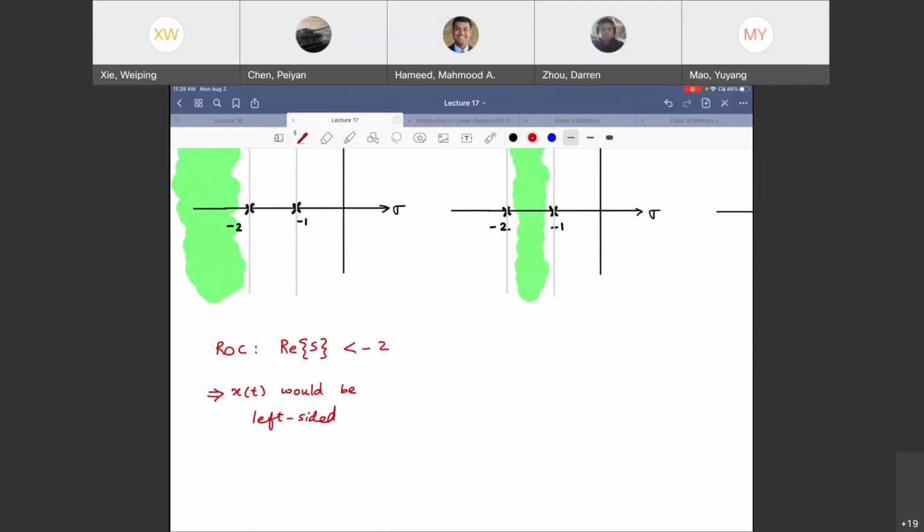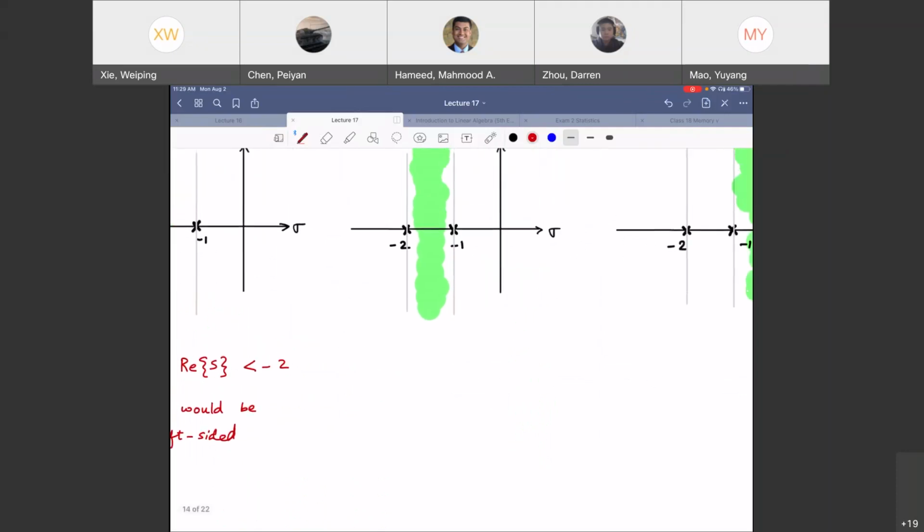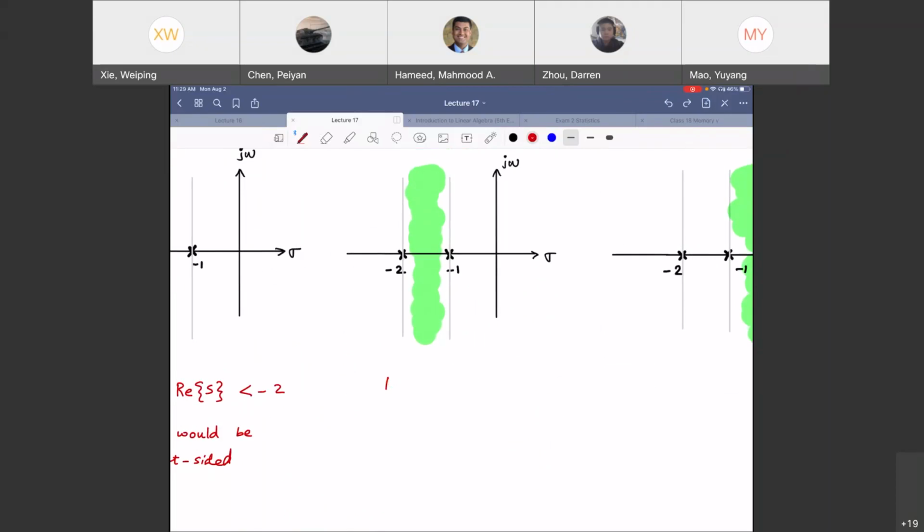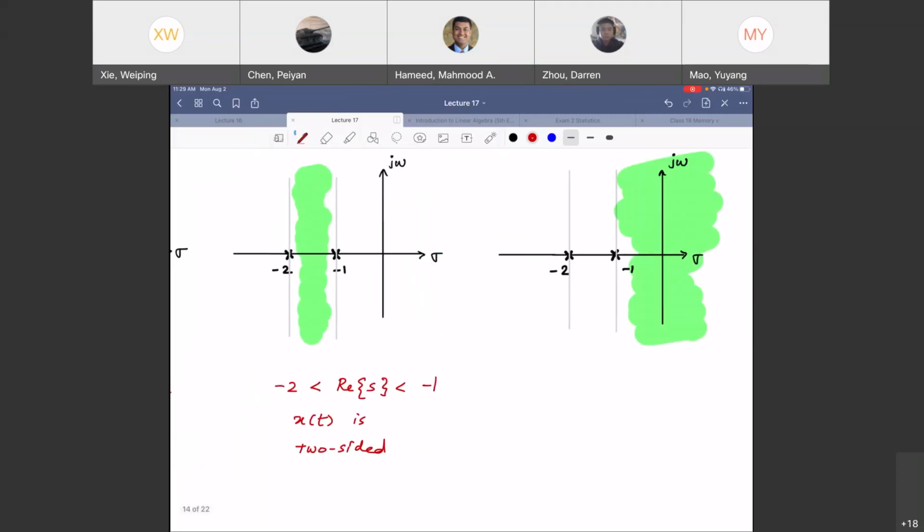If you had a left-sided signal, that's what it would correspond to. Next, the ROC is now bounded in the middle: -2 less than real part of s less than -1. And I can say x of t is two-sided. Next, real part of s greater than -1, x of t is right-sided.